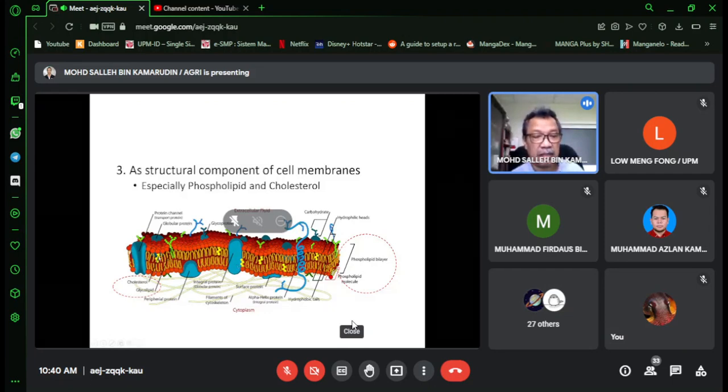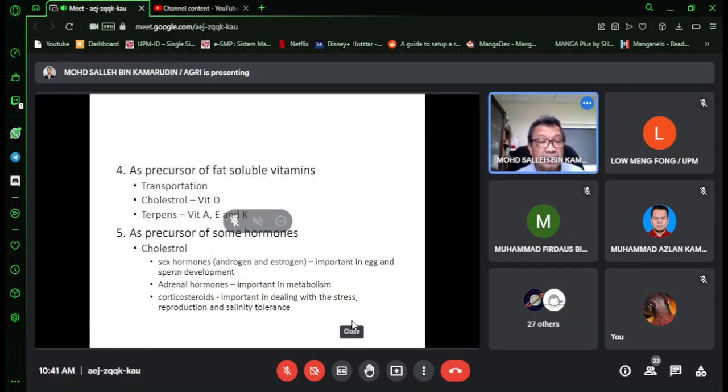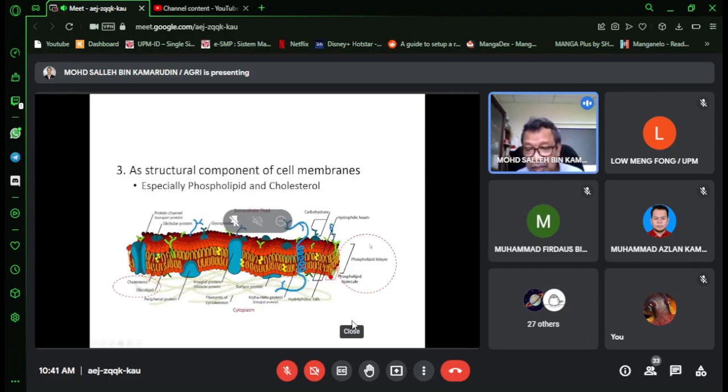They are holding this. I don't expect you to remember all this, but remember the structural components of cell membrane, especially phospholipid and cholesterol.